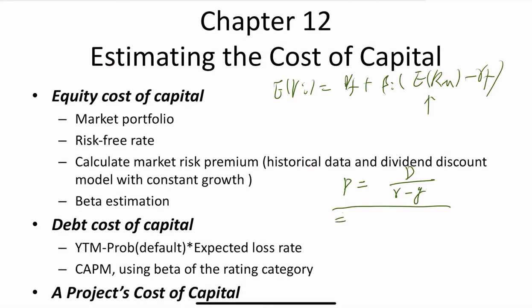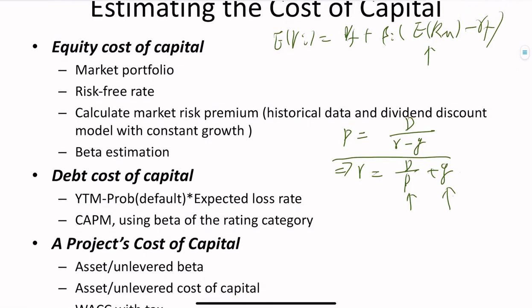And this will basically tell us R equals D divided by P plus g, right? So using the dividend yield and the growth rate, we can estimate the expected market return.